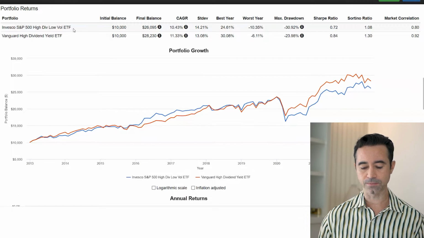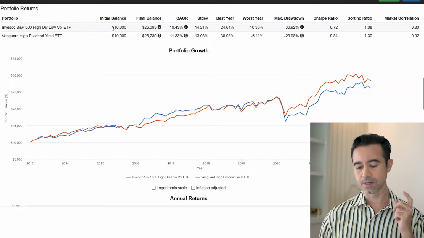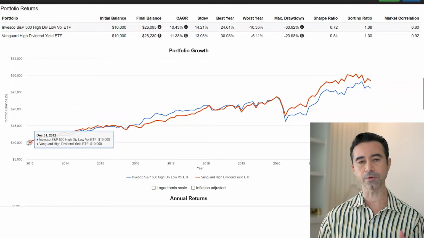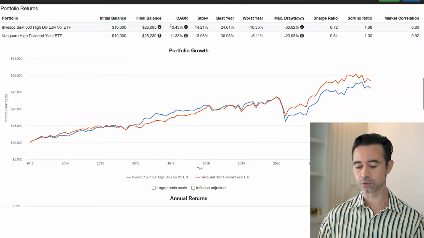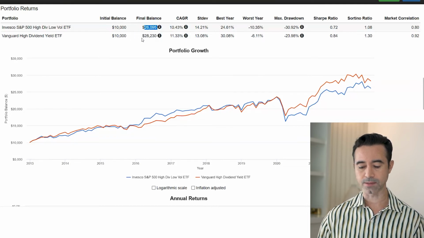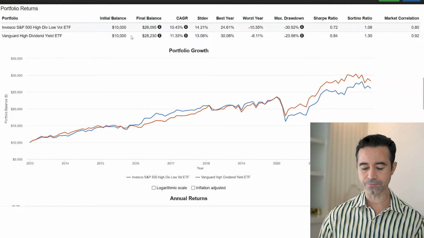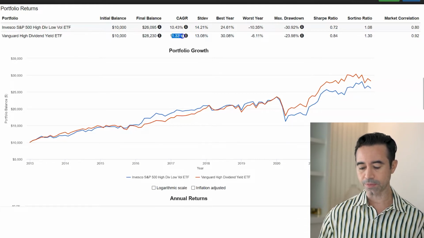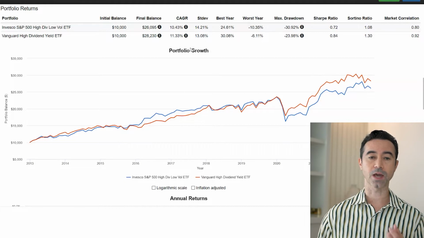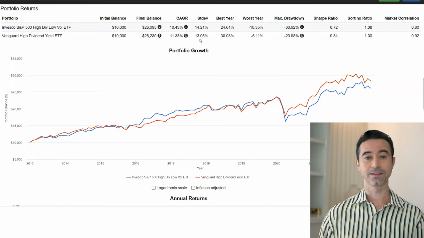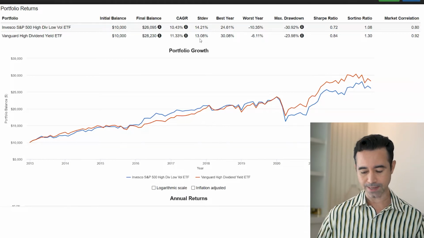Invesco S&P 500, so let's say SPHD here, $10,000 invested in this fund back on December 31st of 2012, grew at 10.43%, and it grew to $26,095. VYM, $10,000 invested, grew to $28,230 with an 11.33% compound annual growth rate. So VYM did better in terms of growth over that time period.